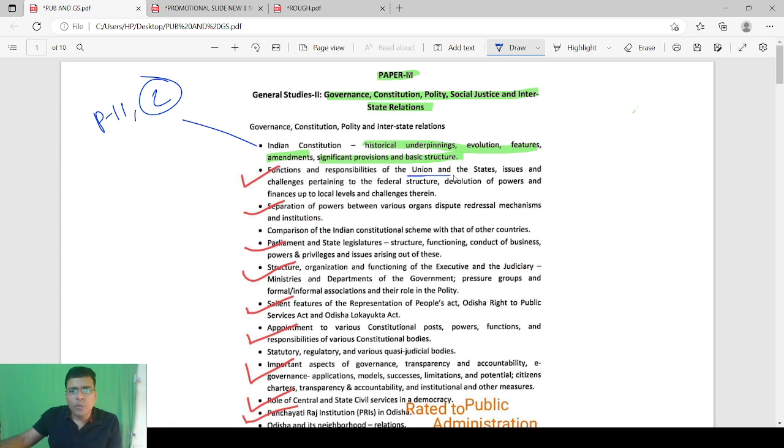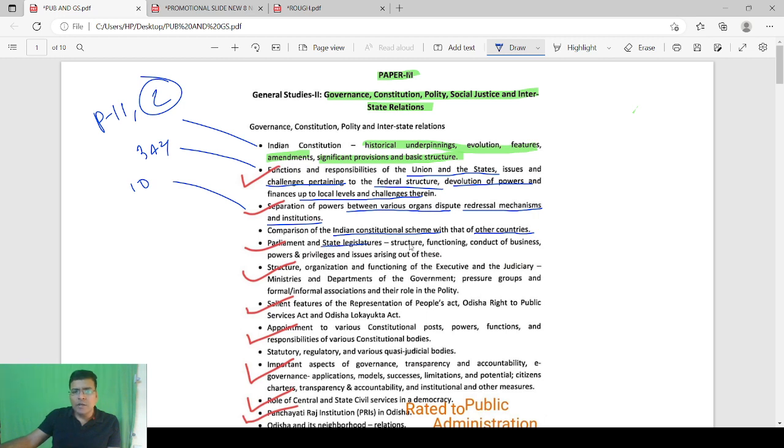Functions and responsibilities of the Union and states, issues and challenges pertaining to the federal structure, devolution of power, and financing up to the local level. This you read in paper 2, units 3 and 4. Separation of power between various organs, dispute redressal mechanisms and institutions: it is in both paper 1 and paper 2, unit 10. Comparison of the Indian constitutional scheme with that of others.